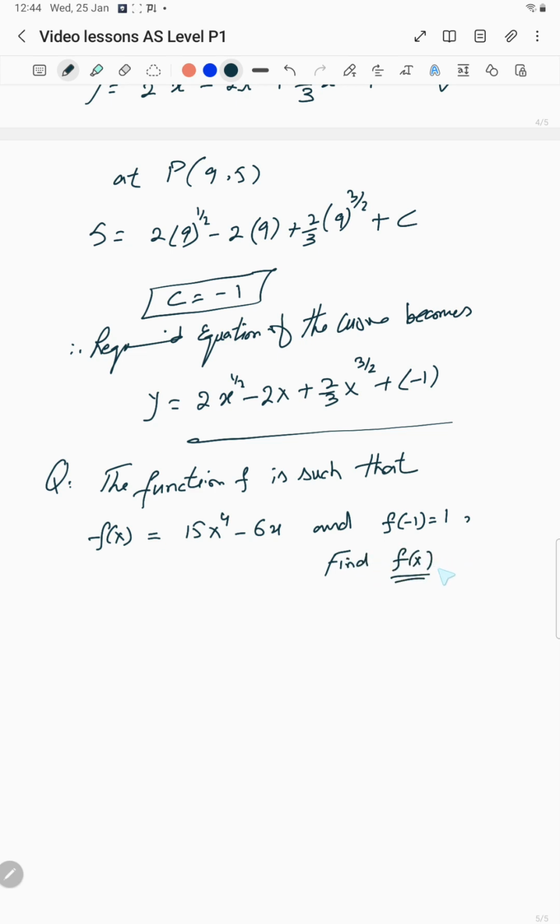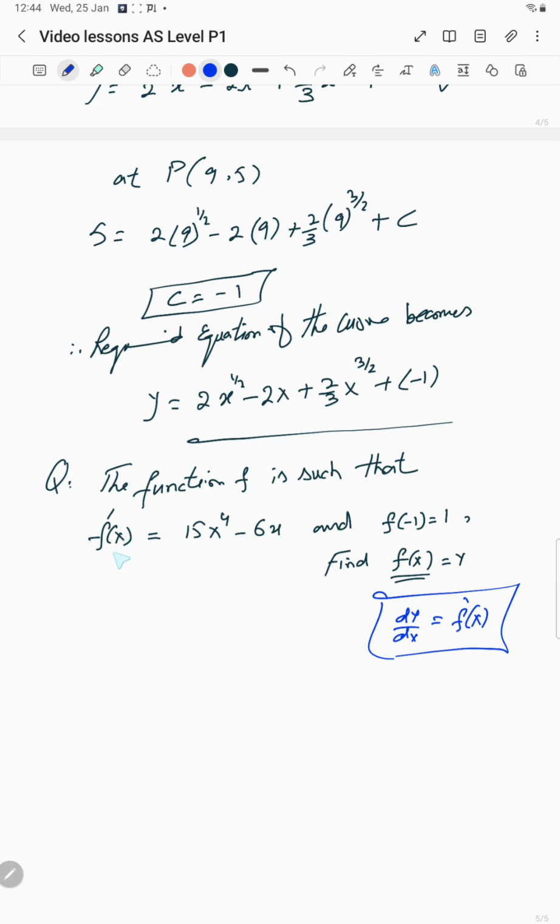You know f of x is a function of x that is equal to y. So again the question is about finding the equation of the curve when you are given this differential. Sorry, it is f prime of x, right? We know dy by dx is also termed as a function of x, f prime of x, right? So we need to find the equation of the curve.